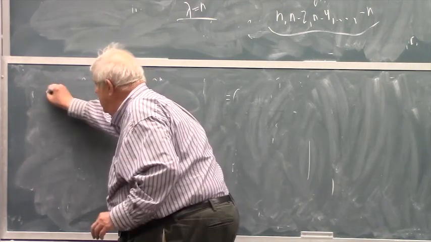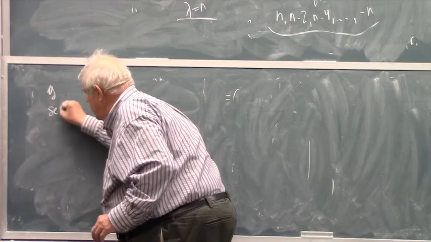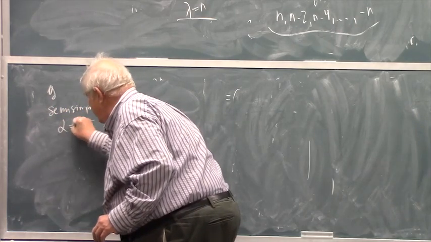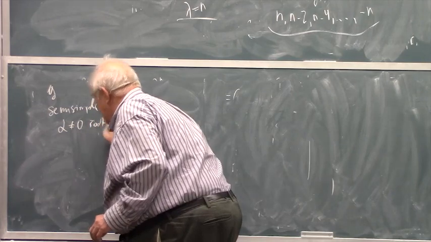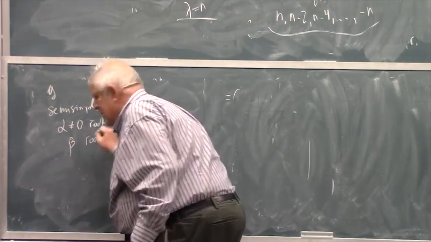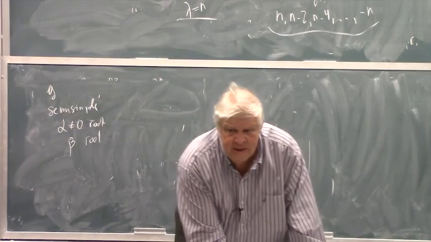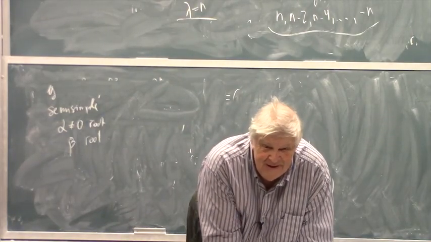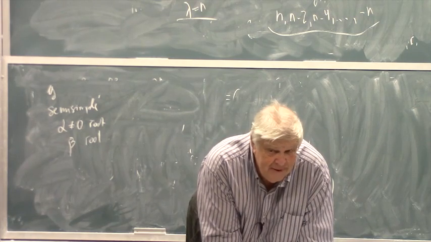So G, semi-simple. Alpha, a root. But I need one more root, beta. I even can admit that it may be 0, or alpha, or negative alpha, whatever.